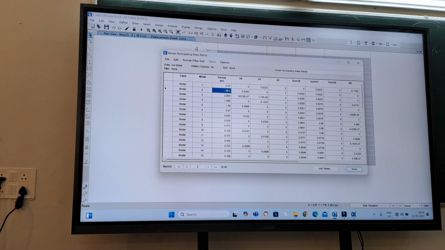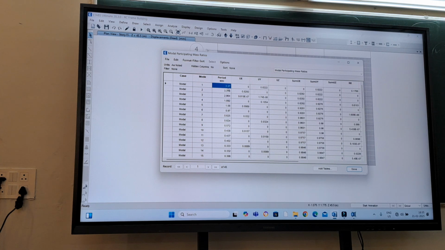Okay, it means you take 3.37 seconds, calculate 90% of that, and the period of the other direction should be less than that. How much are you getting? 3.03. 3.0 means that condition is not satisfied.